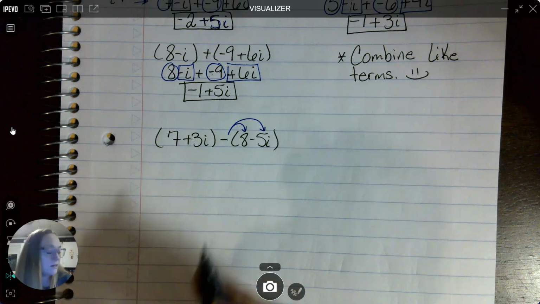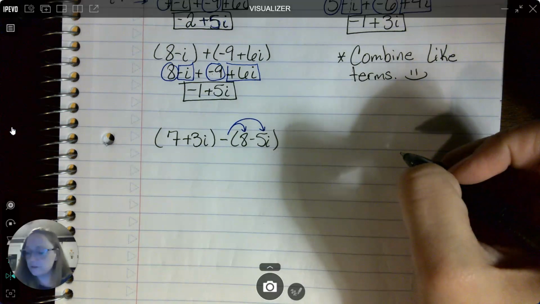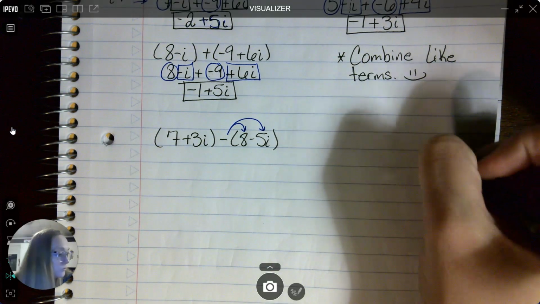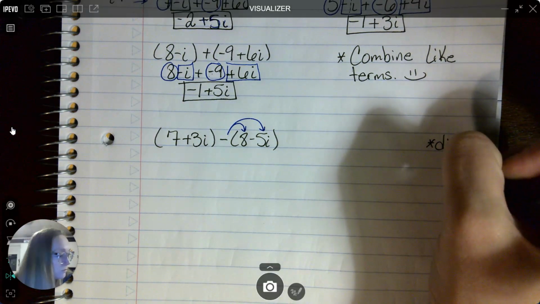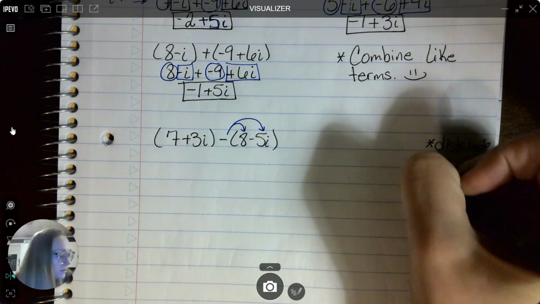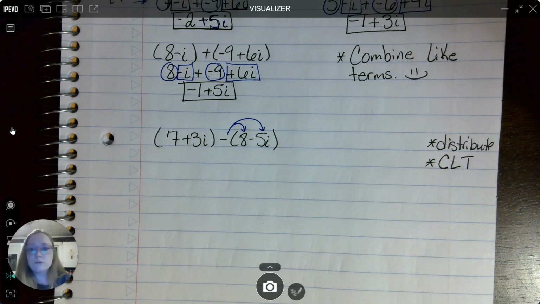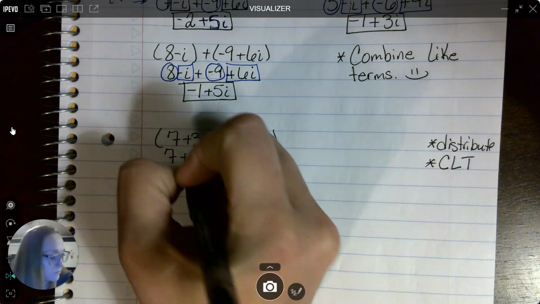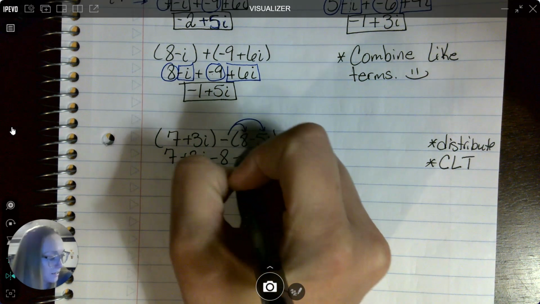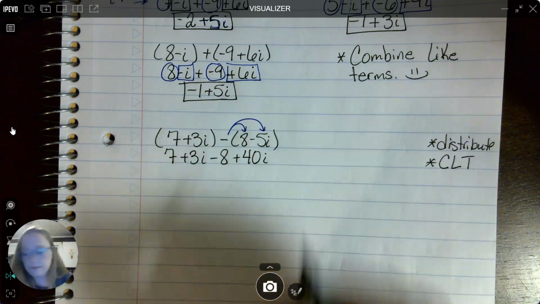Okay, we're looking behind. So I'm going to go ahead and give myself a little note over here. First we want to distribute and then combine like terms. So those rules that we've been learning since like 6th grade are still being applied here. Okay, so we get 7 plus 3i minus 8 plus 5i.